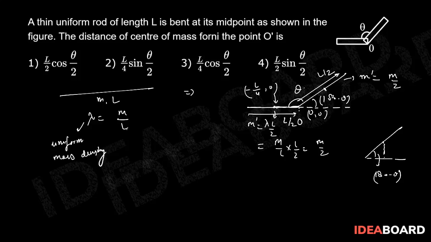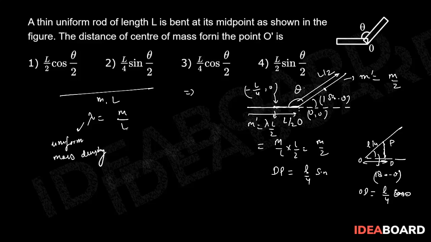So first of all, this will be L by 4, then I can clearly see this length, let's say OD, is going to be L by 4 cos theta. And what about this DP? This DP is going to be L by 4 sine theta.